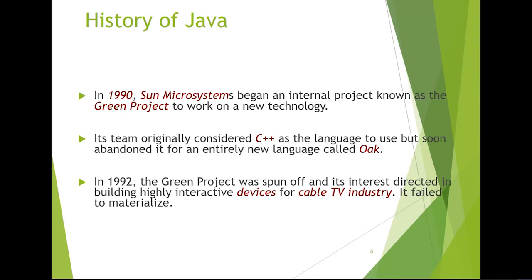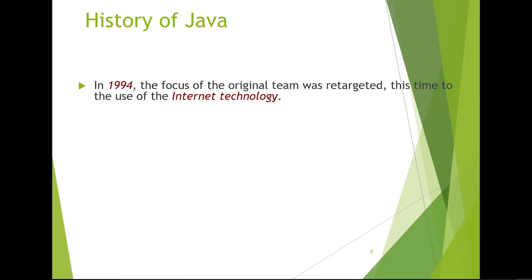The problem is, when they went to the cable TV industry, the product did not really hit. It failed to materialize, meaning they did not earn. Because of that, in 1994, the focus of the original team was retargeted to the use of internet technology.